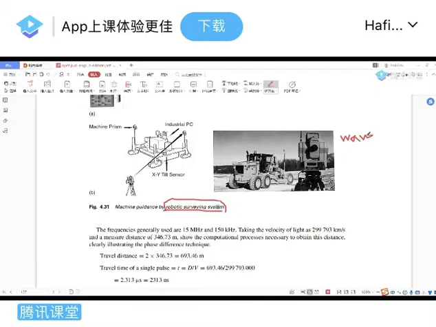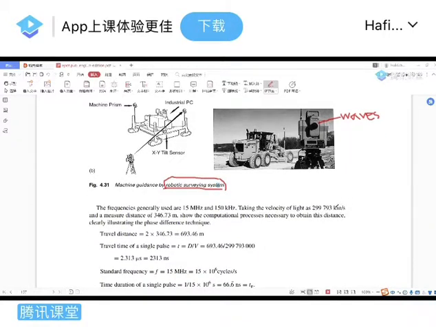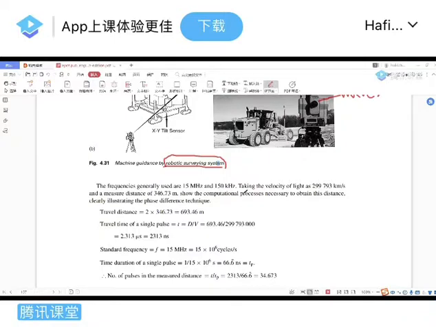The main functionality of the total station is basically about waves. Different wavelengths behave differently. So based on the way they behave, you can calculate the distance between two objects, this object and the target. Okay, continue.